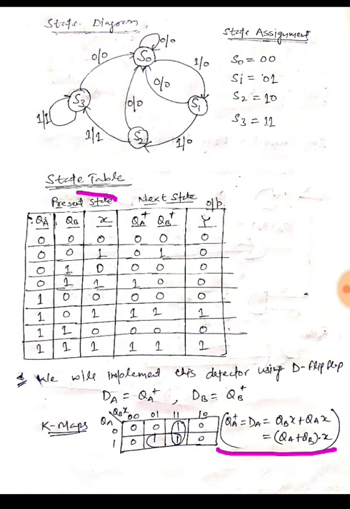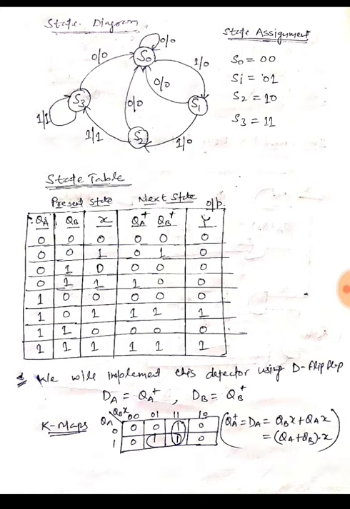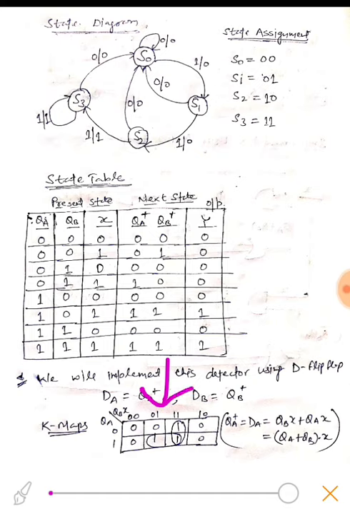As we have three inputs, we will have an 8 cell K map in which the inputs are QA, QB and X. You all know how to calculate the logical expression using K maps. So I have paired them here, as QA is high at this point and this point, which I have shown you in the K map.